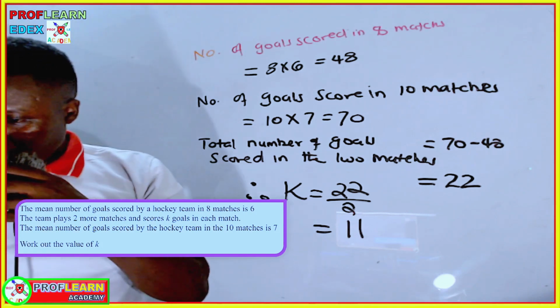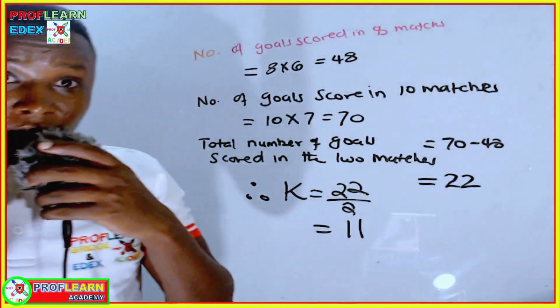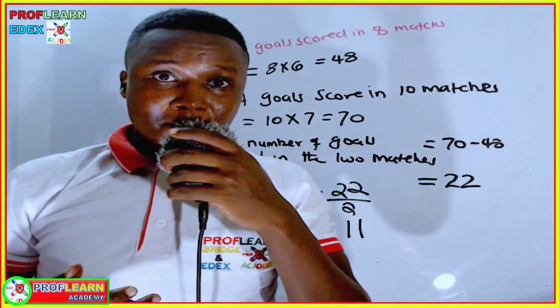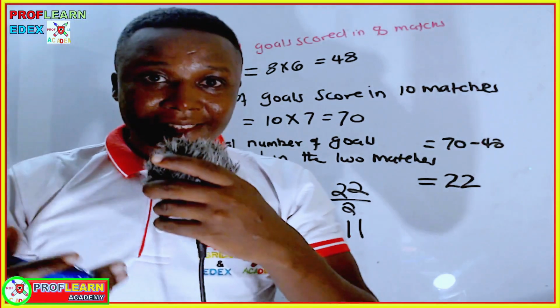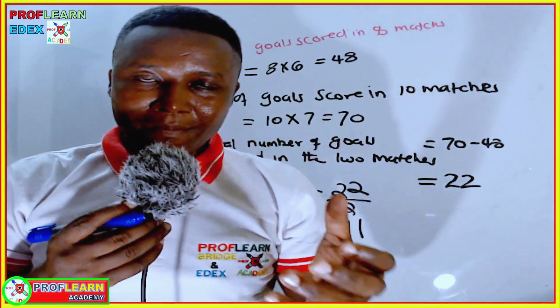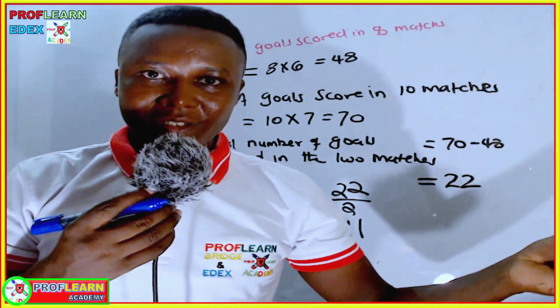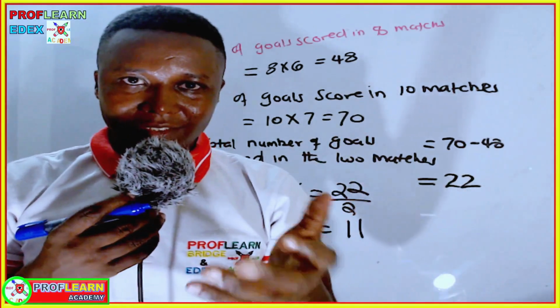So this question is going to appear in different ways. It may be asked that a student does a given number of tests. Maybe you are told a student did 6 tests, and you are given the mean score for the 6 tests.